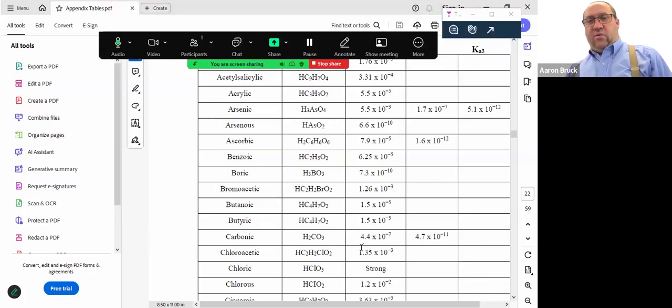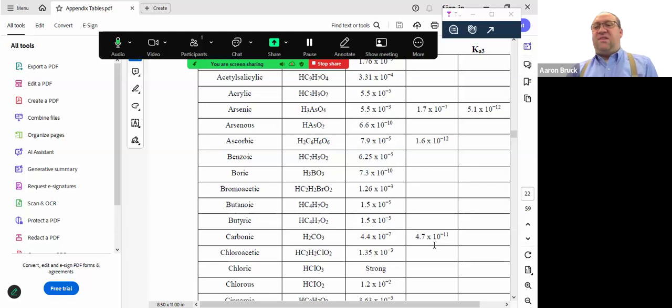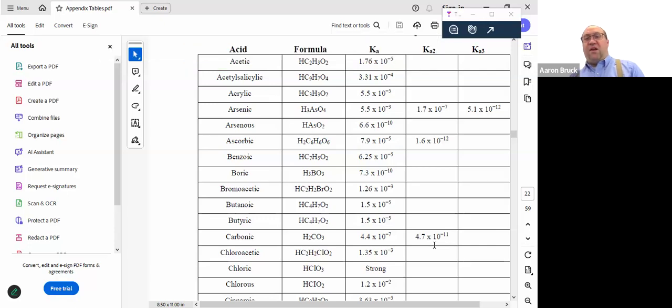Carbonic acid on its own is not terribly acidic to start with, 4.4 times 10 to the negative seventh. For the bicarbonate ion, its Ka is 4.7 times 10 to the negative 11th. That's well below the threshold of 10 to the negative seventh. And so we would predict that the bicarbonate ion would actually act basically in solution. And in fact, it does. Bicarbonate is a very common antacid because of its weakly basic behavior. It's going to go that direction.